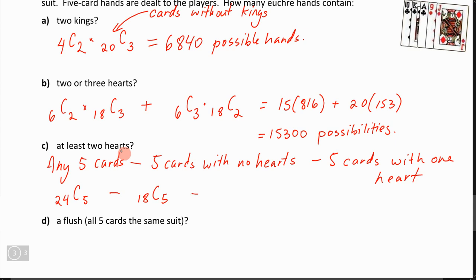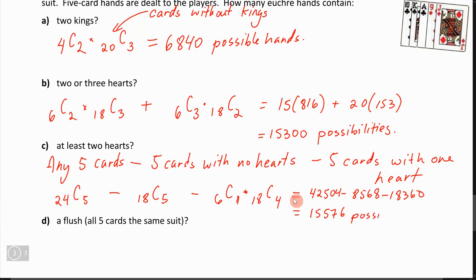So I'm going to do minus 6 choose 1 times 18 choose 4. Remember, independent events, you have to multiply them. I have to have 1 heart, so 6 choose 1, and then the other 4 cards are not hearts, so 18 choose 4. Okay, and finding all these combinations, I will have 42,504 minus 8,568 minus 18,360, which is equal to 15,576 possible hands.